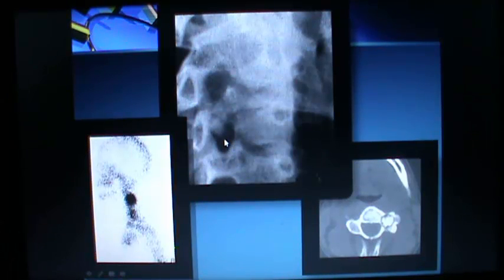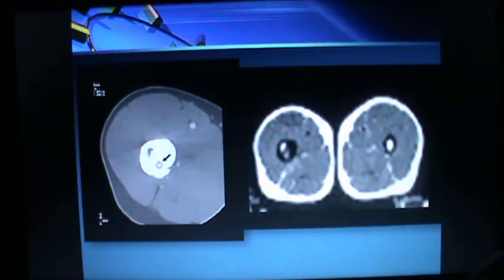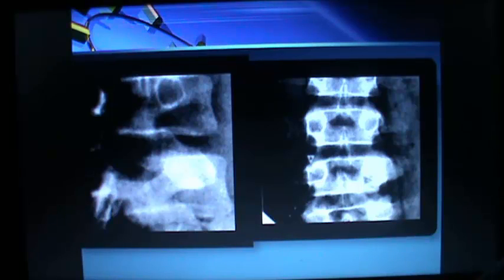Isotope study shows the hot spot, and the CT shows the central quiescent nidus being calcified, surrounded with the active nidus as translucency, and then sclerosis around due to stimulation of the periosteum. Similar lesions, noting that the cortex on the left side in the MRI is markedly thickened due to periosteal reaction. Here a sclerotic pedicle denoting osteoid osteoma.